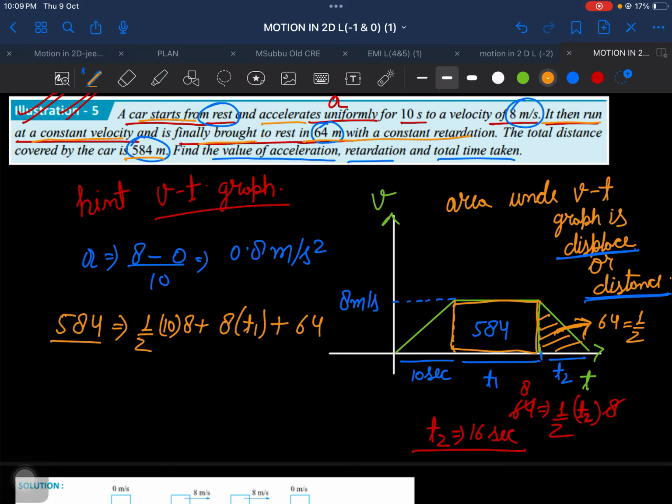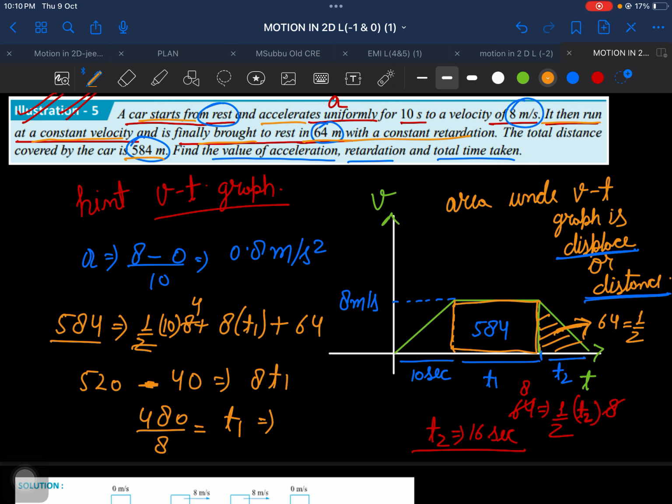So from here, this is 40 and this is 520, equal to 8T1. Check, 480 by 8 is equal to T1. So T1 is equal to 60. Just check all of you. So this is 60 seconds.